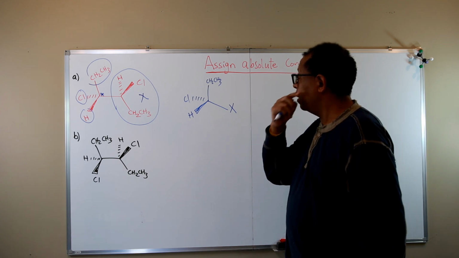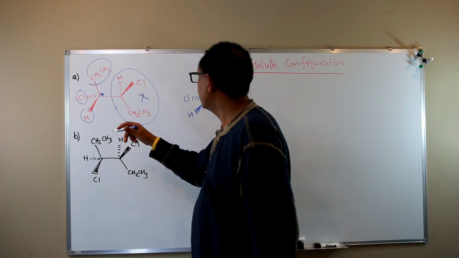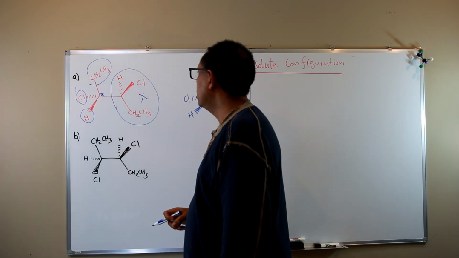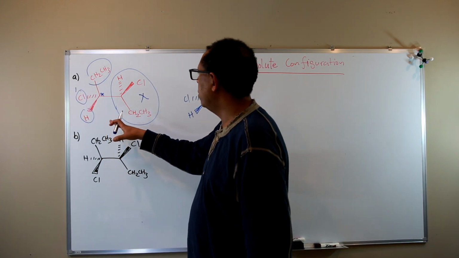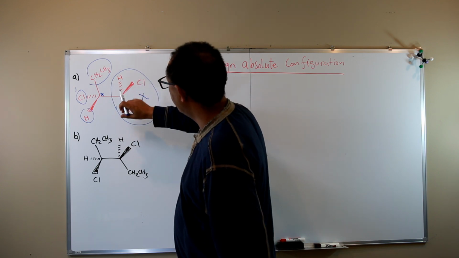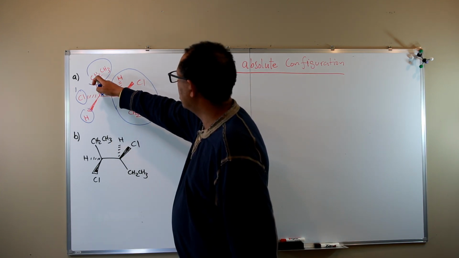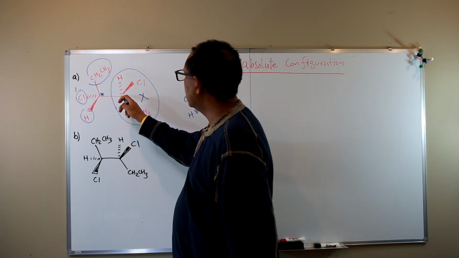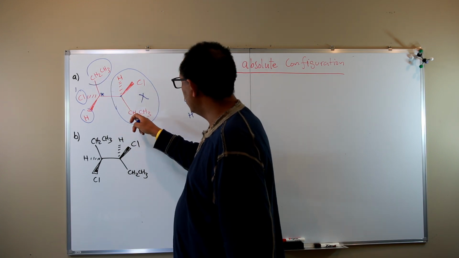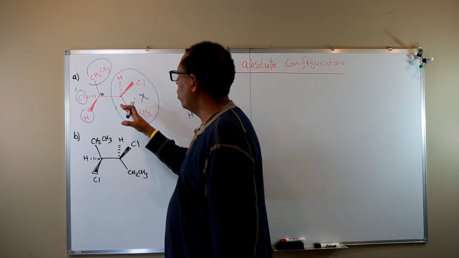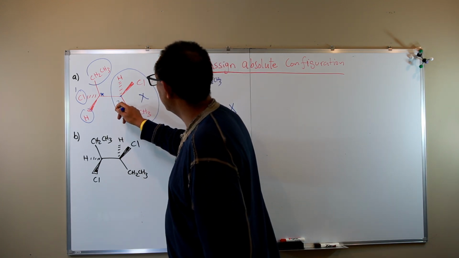So in the priority assignment, chlorine is obviously number one, and next to that, this X group is greater than all of those, because this is carbon, next to it is hydrogen, but this is carbon, next to it is another carbon and another chlorine. So priority wise, this would be 2.